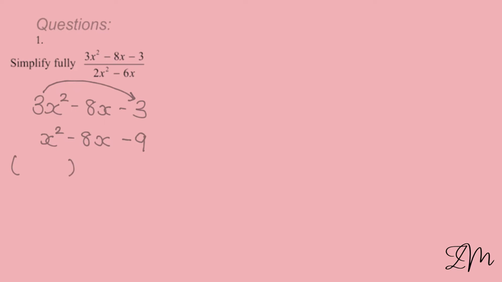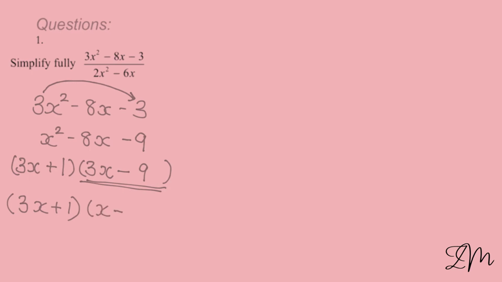I'm going to factorise this, leaving some space because we've borrowed the 3, so we're going to have to give it back. And we'll get 9 and 1, minus, plus, and then we've got to give the 3 back. And when we do that, we find that this bit can divide by 3. So our final factorisation is 3x plus 1, x minus 3.